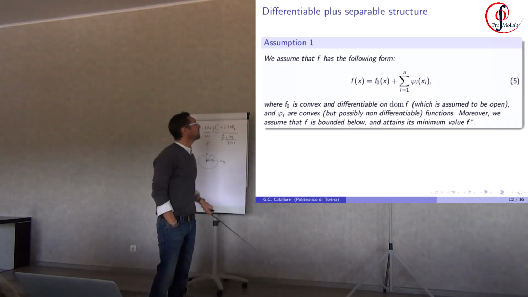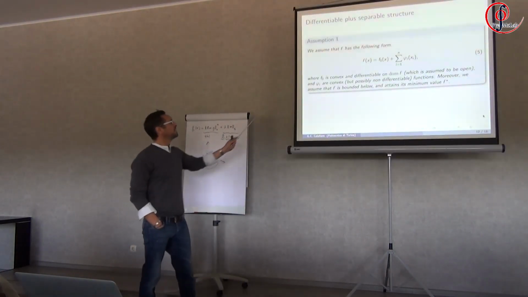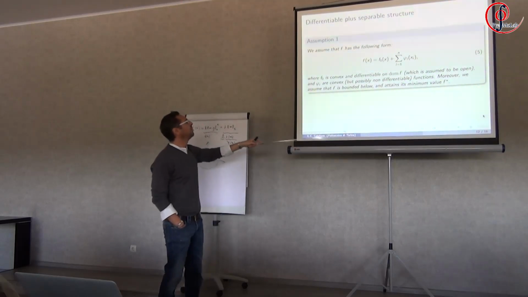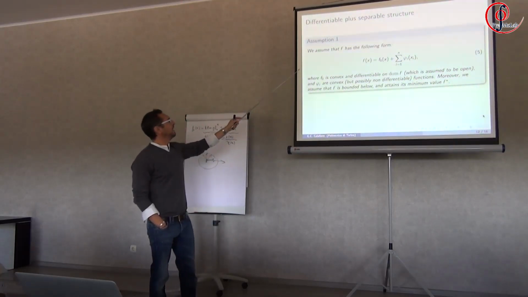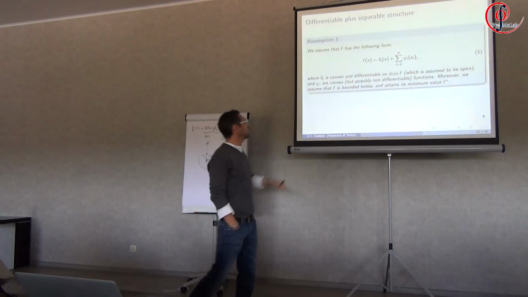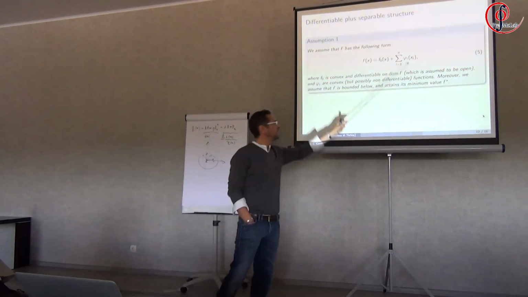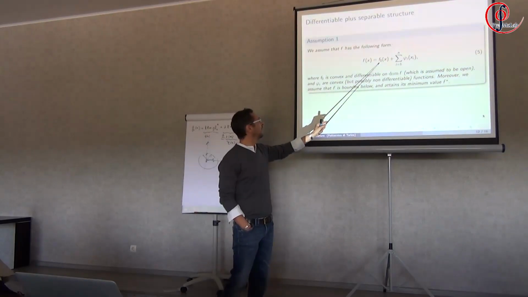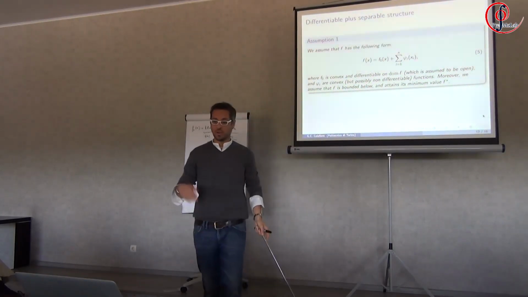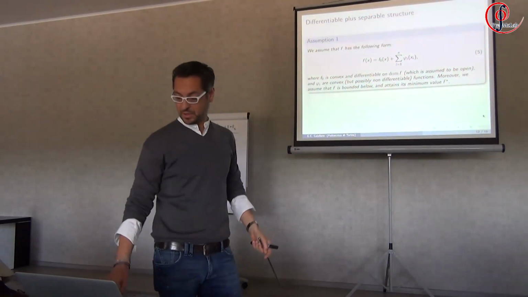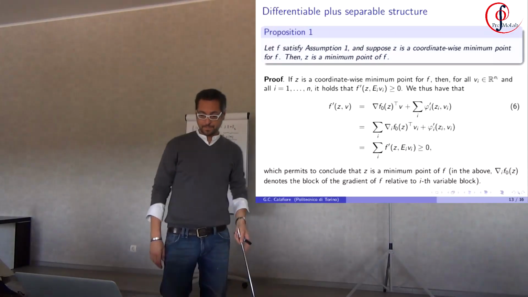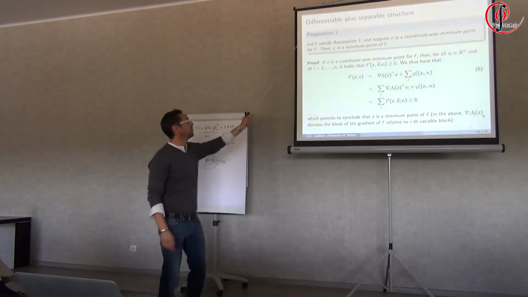And so the interesting thing that we now prove is that if our function actually takes this special form that we already discussed, so convex differentiable plus convex and separable, but possibly non-differentiable, then this proposition holds.